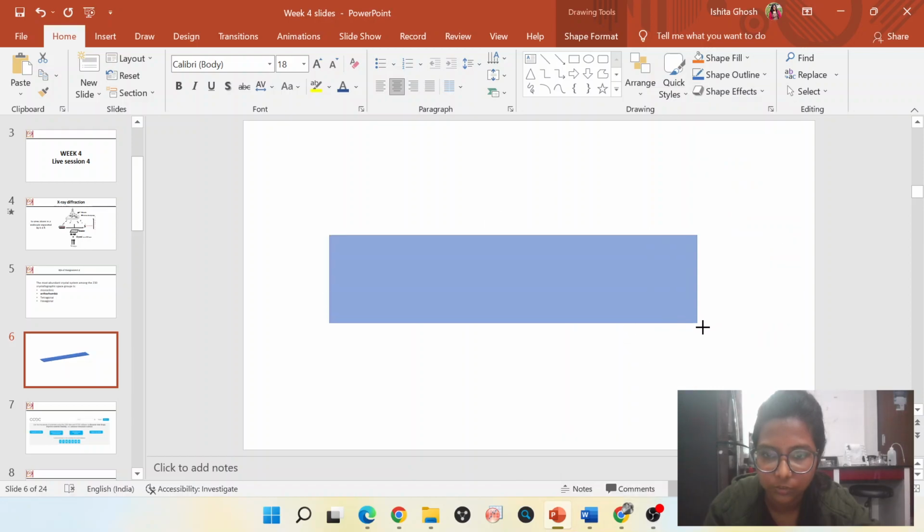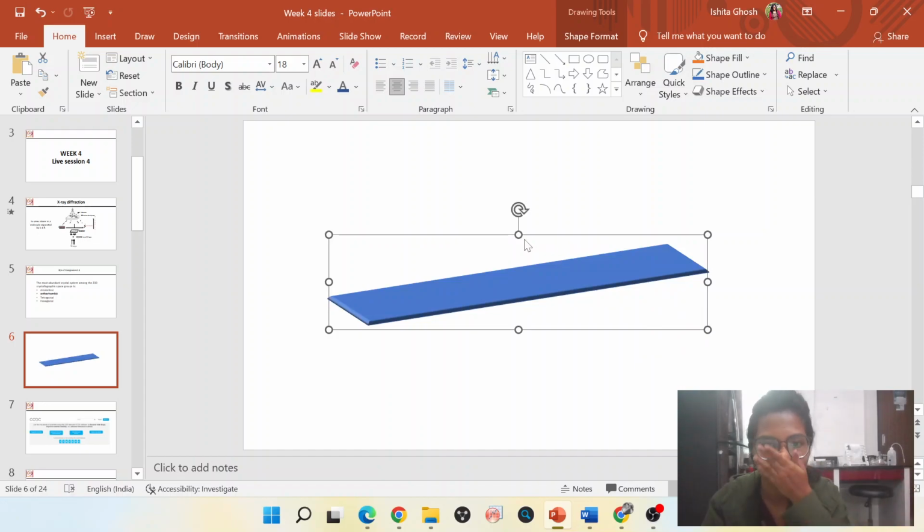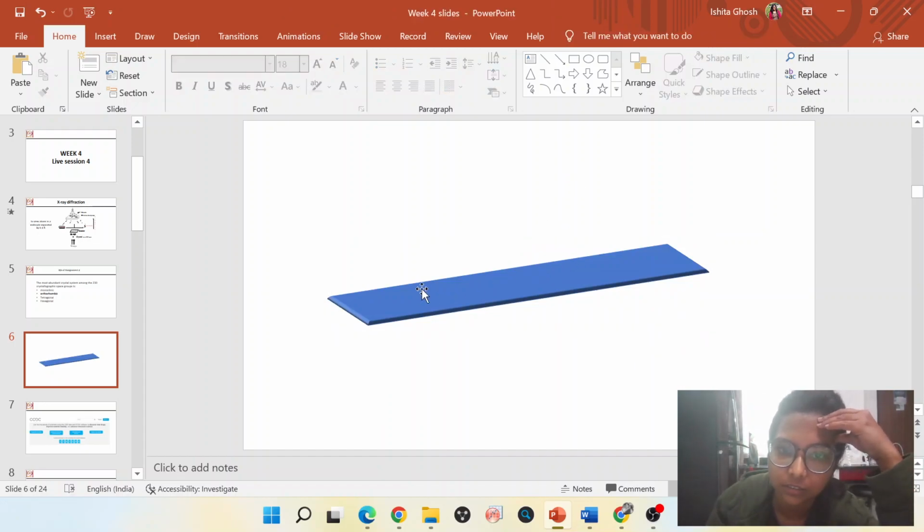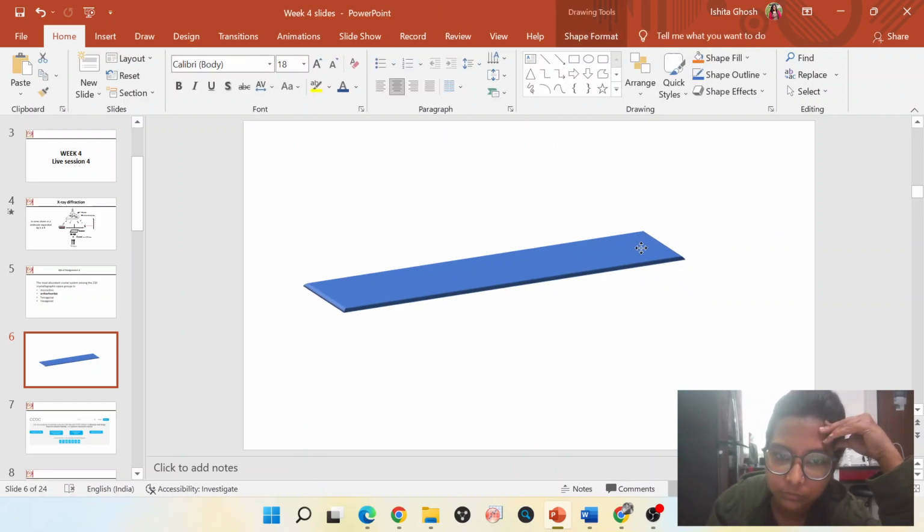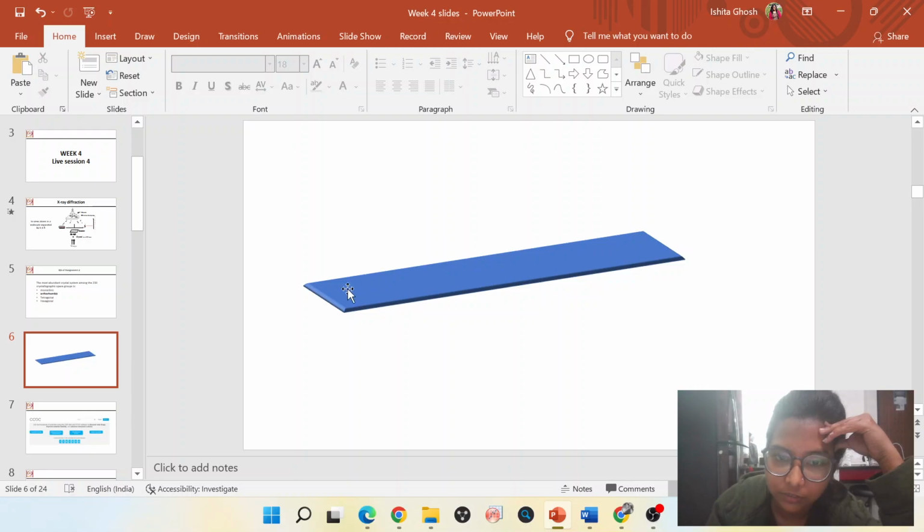If you can see my screen, if this is a crystal, then you can tell what is the major face of the crystal.